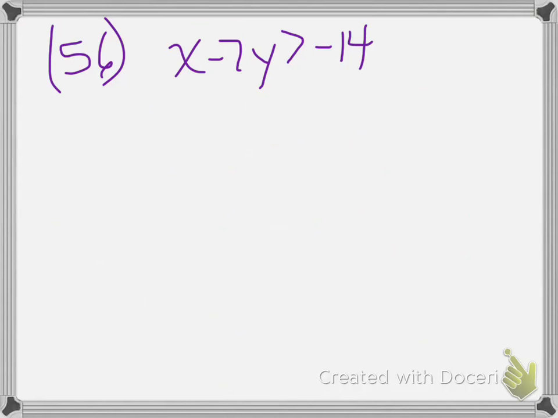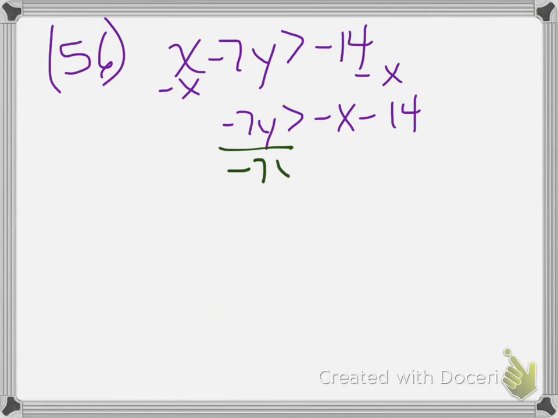Alright, so for number 56, the first thing we need to do is get y by itself. So I'm going to subtract x. So -7y is greater than -x minus 14. And so I've thrown in a little trick here.